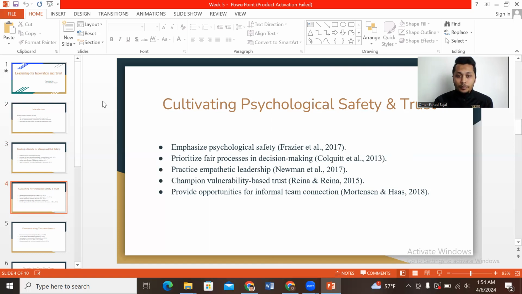Then also develop empathy. Put yourself in your team's shoes to understand them, create opportunities for social interactions beyond work, build relationships to promote trust, and also provide opportunities for informal team connections. All these things are important to facilitate a relationship with your teammates.